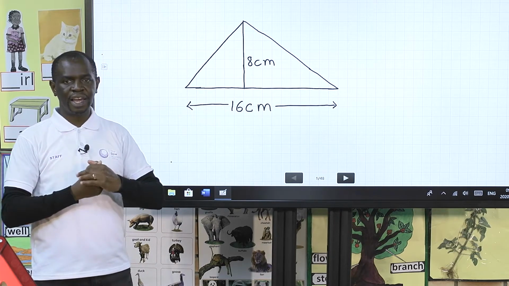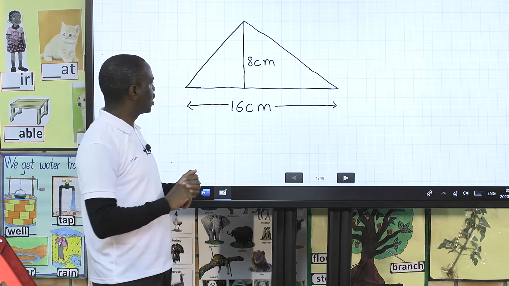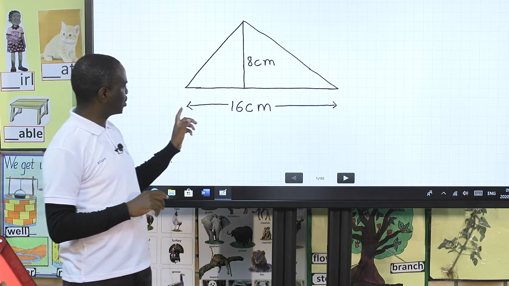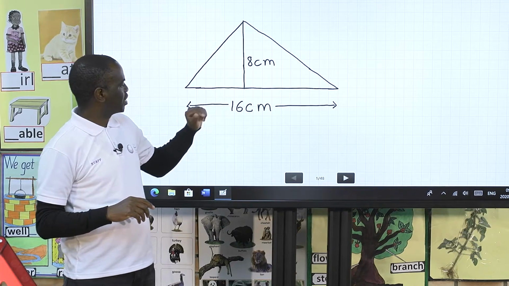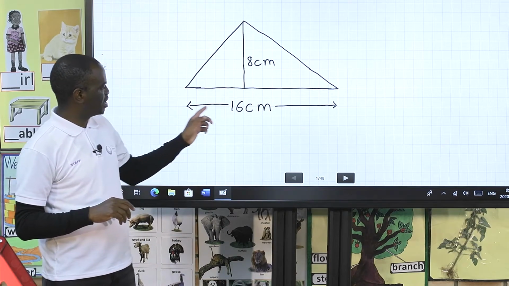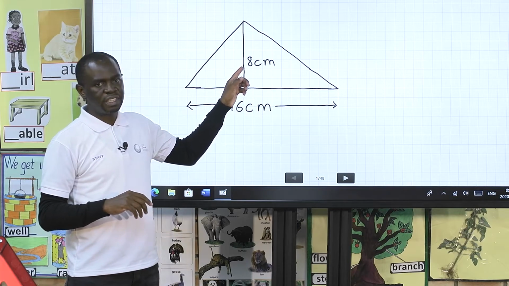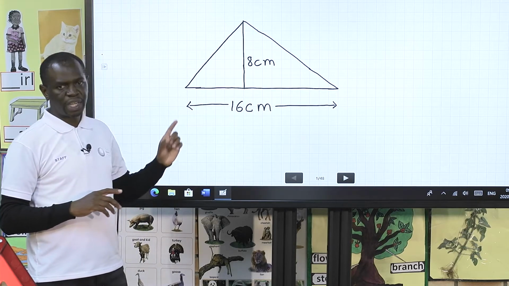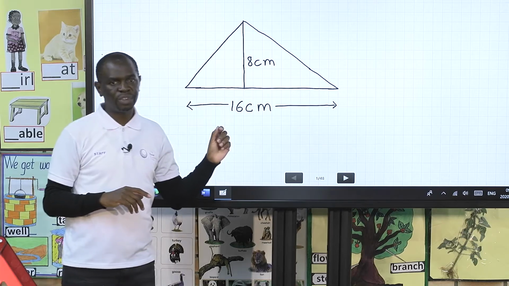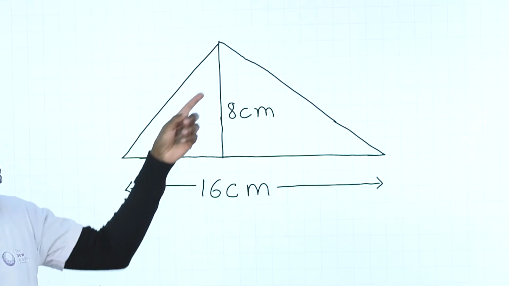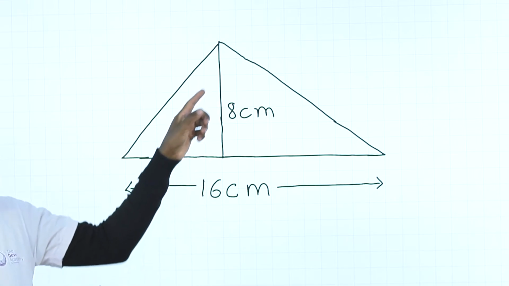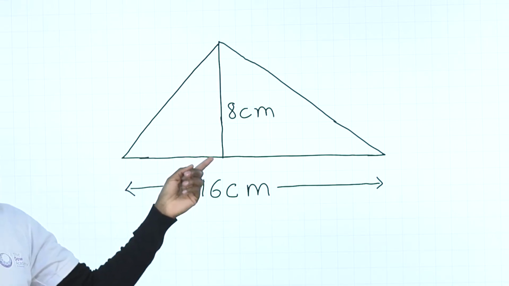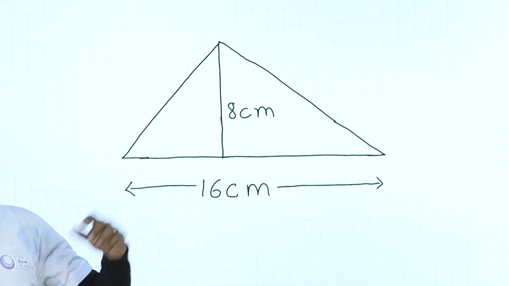The height is the highest point in a triangle, and in our triangle here, we have 8 and 16. 16 is the base and 8 is the height. We can identify the height in a triangle by looking at the line from the top to the bottom. Usually the lines meet at a 90-degree angle.